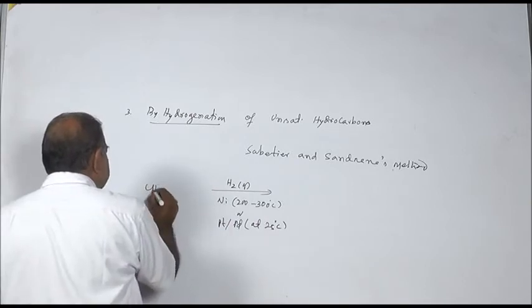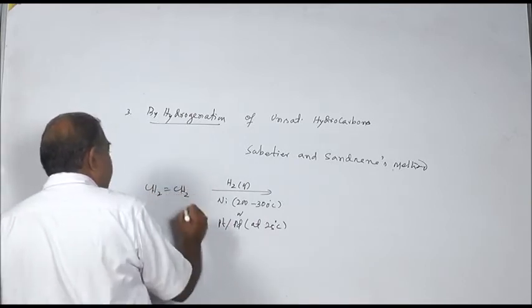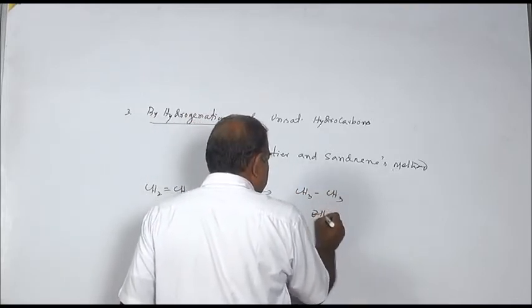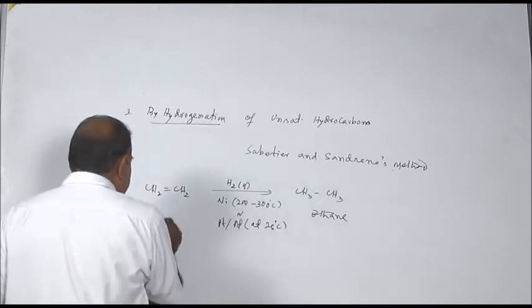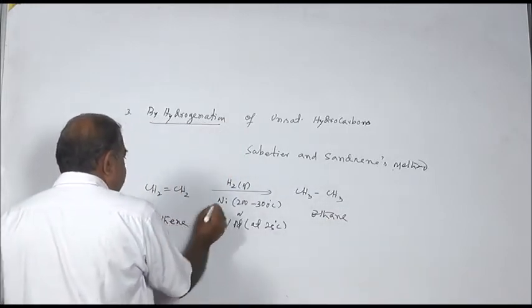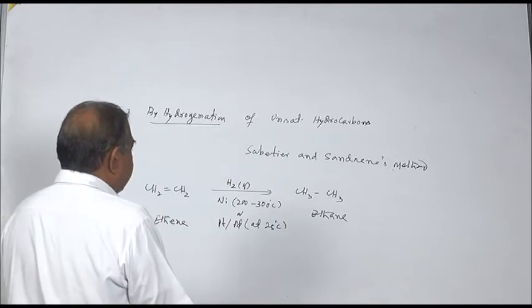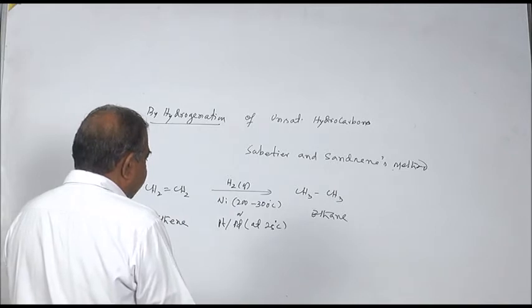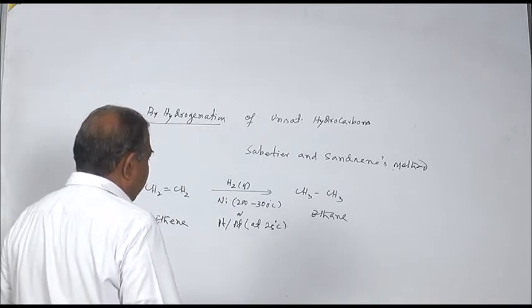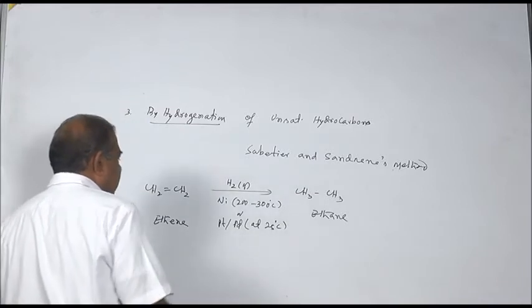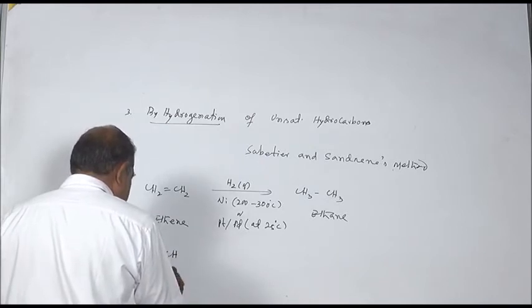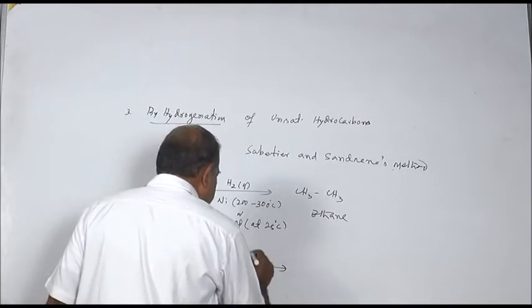So for alkenes, you will take ethene. On hydrogenation it will give you ethane. So when an alkene is heated with hydrogen in presence of nickel catalyst between 200 to 300 degrees centigrade, or platinum or palladium as catalyst at 25 degrees centigrade, it will give you an alkane. If you take a triple bond containing compound like, say, ethyne, the reaction will be 2-step.